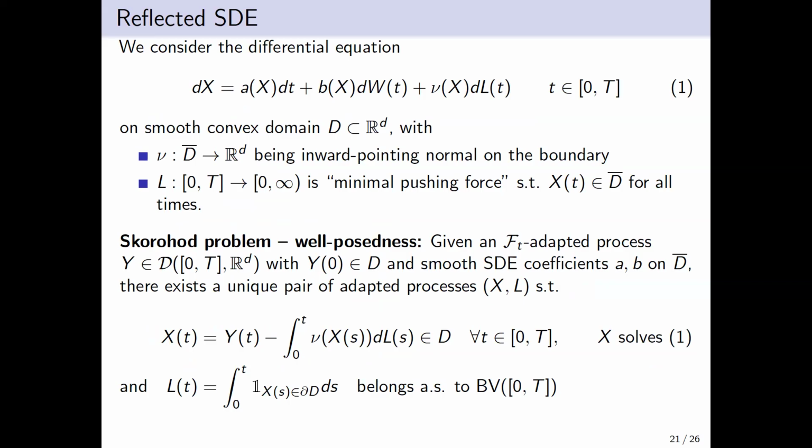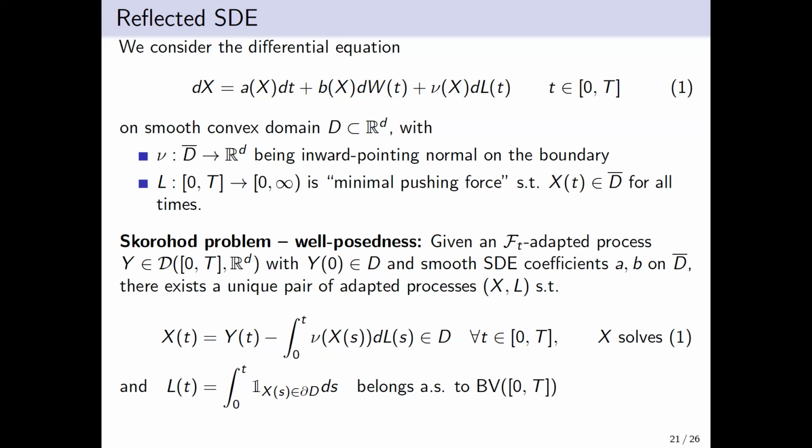So let me associate it to a Skorokhod problem. If you're given an adapted càdlàg process Y_t that starts inside of the domain, and you also have smooth coefficients A and B in your SDE on top here, then there does exist a unique pair of adapted processes, an X and a capital L, such that if I correct my given process Y by subtracting this integral, my resulting process X is going to stay all the time inside the closure of D. My process X is going to solve this kind of reflected SDE that I'm presenting up here.